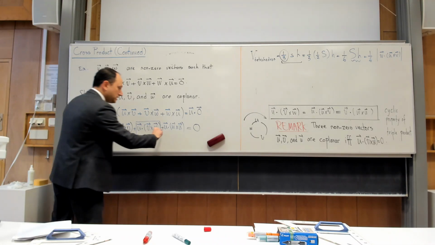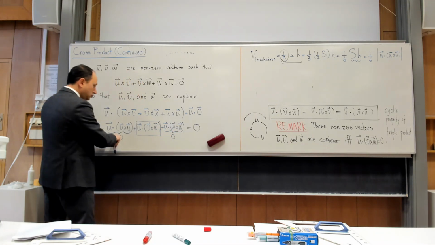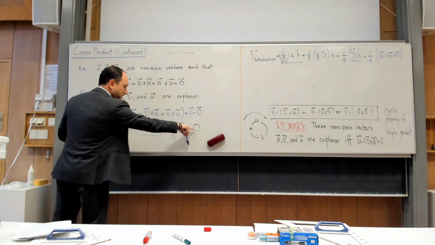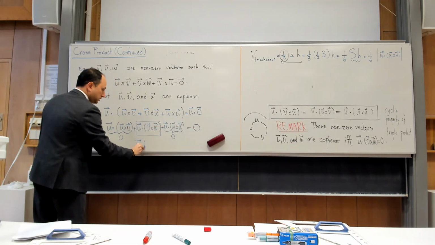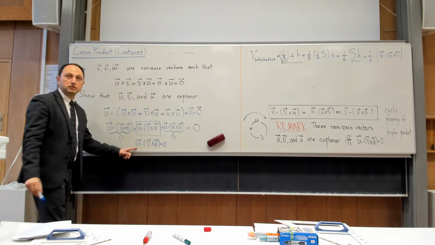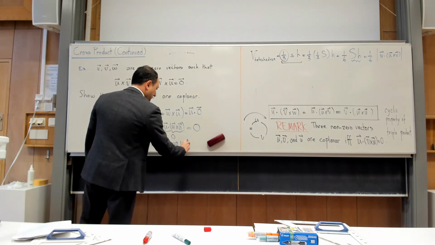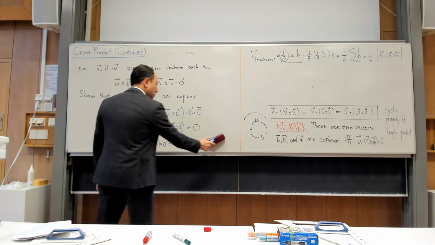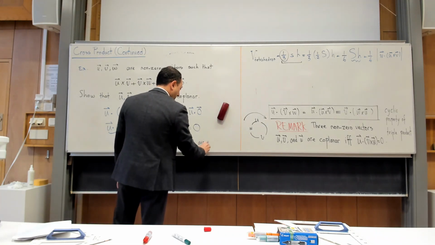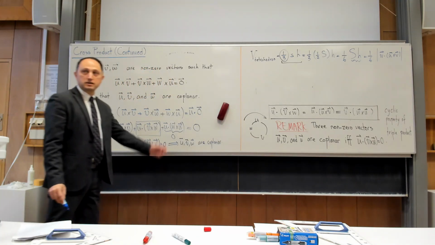For the same reason, this number is 0. 0 plus this one plus 0 is 0. So u dot v cross w is 0, and then they are coplanar. Is that understandable?